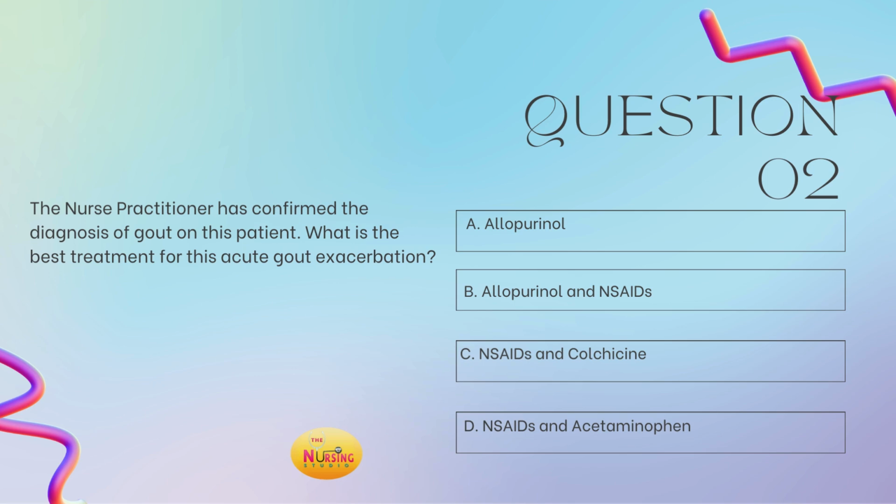So allopurinol, no, you can eliminate that because that's more on a prophylactic level, right? Same with B. C is your best answer. When we are treating gout on an acute exacerbation, you want to use your NSAIDs and your colchicine to treat the pain. Now, y'all know my Brittany's Brilliance that I say on my videos.